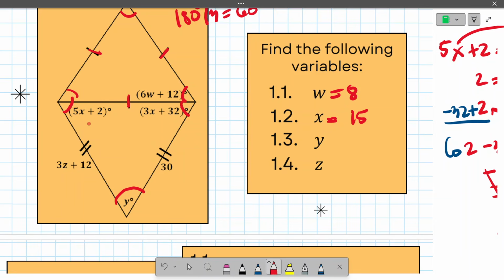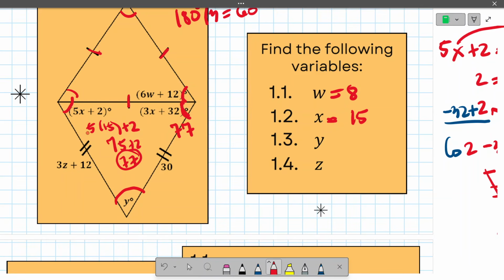So, paano ba yun? 5 times 15 plus 2. From X, naging 15. So, 5 times 15, that is 75. Plus 2, nagiging 77. Correct? That means itong angle na to ay 77. So if this angle here is 77, of course, itong angle din dito ay maging 77. So you try.